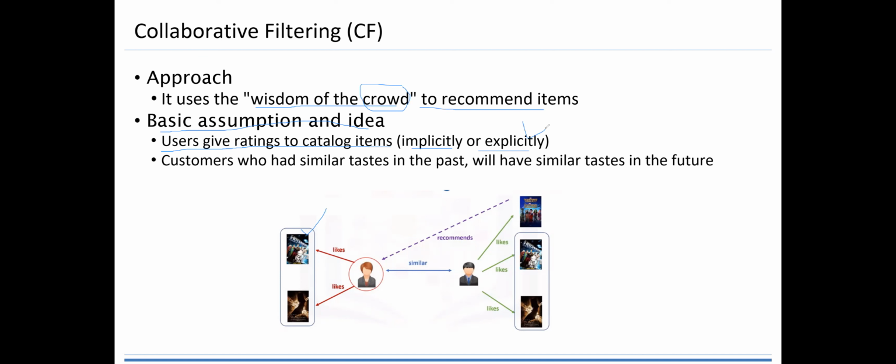Explicitly means the user gives a rating, so maybe he or she gave 5 to that movie. So the assumption is that customers who had similar tastes in the past will have similar tastes in the future.